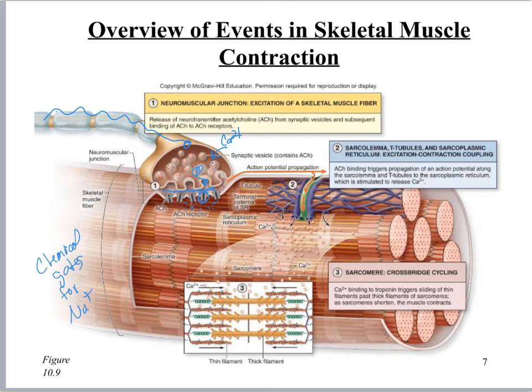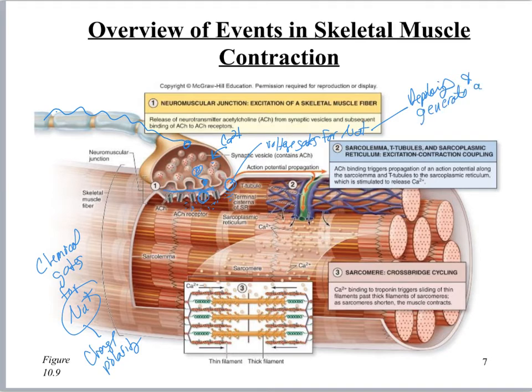The sodium, in turn, is going to change the polarity. So it's going to start depolarizing the membrane. If it is enough depolarization that the change makes it over here, where I have voltage gates for sodium, if it makes it there, then it will depolarize and generate an action potential.